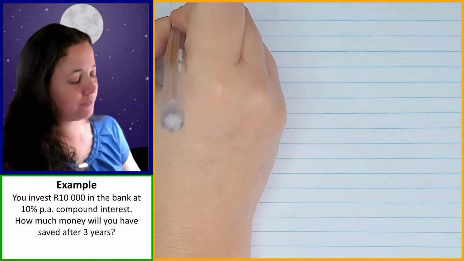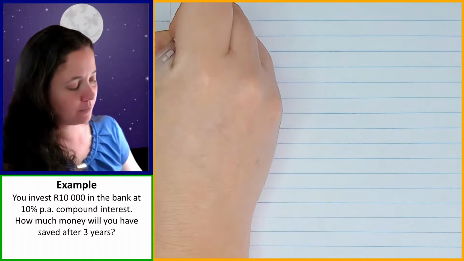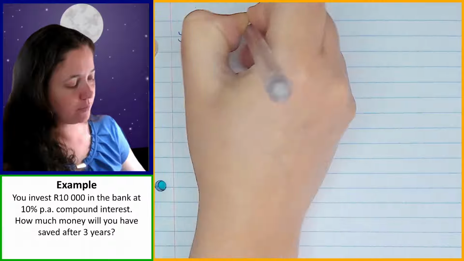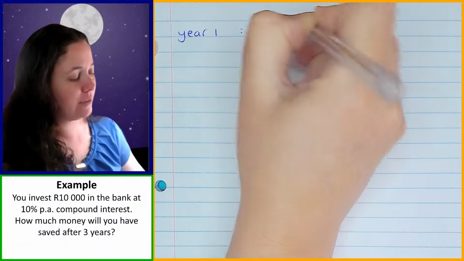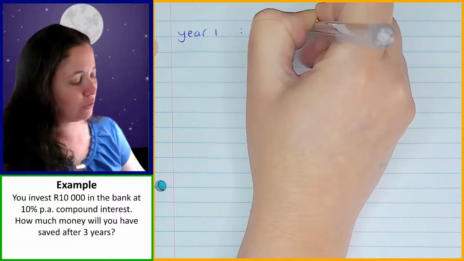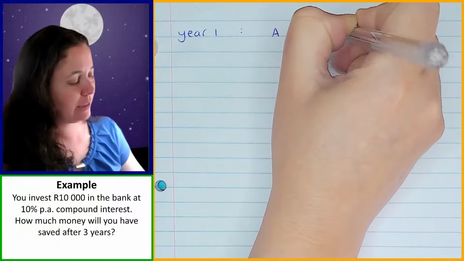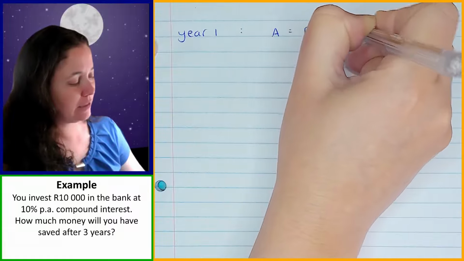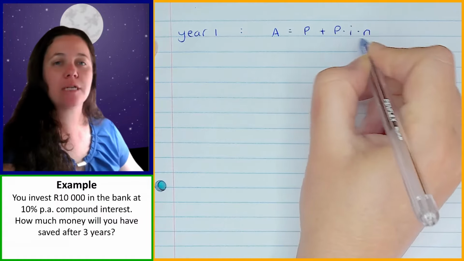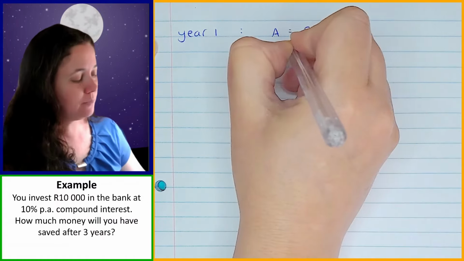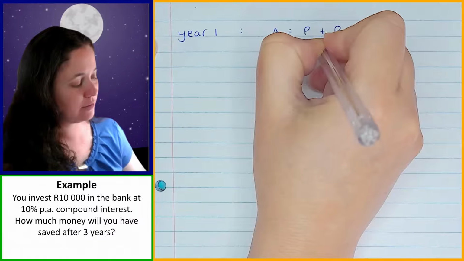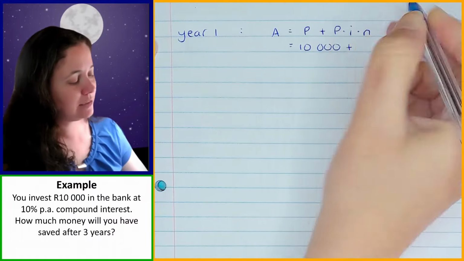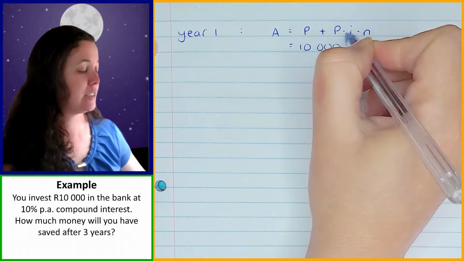Okay, so for year 1, I'm going to work it out with the formula that we were using for simple interest, A equals P plus P times I times N. Remember, this is how we work out the simple interest. The principal amount for year 1 is 10,000, plus now we're going to work out the interest on 10,000.